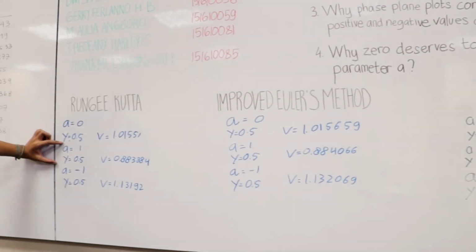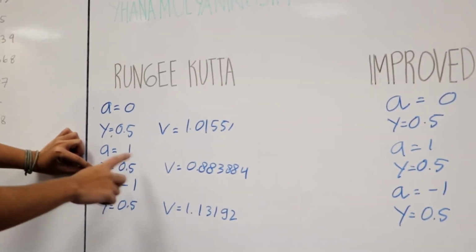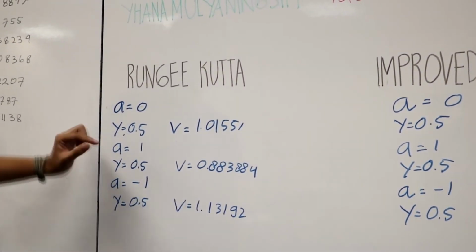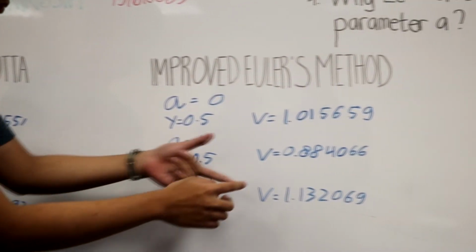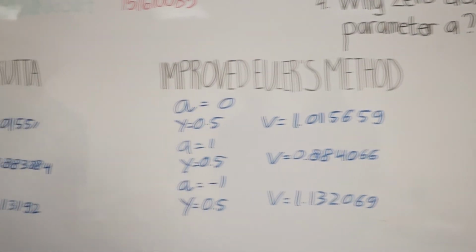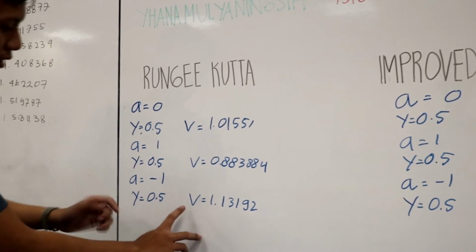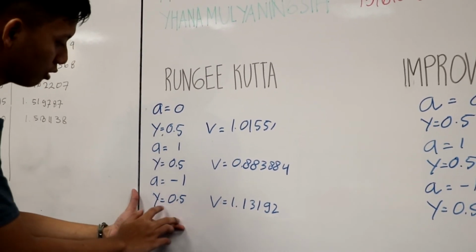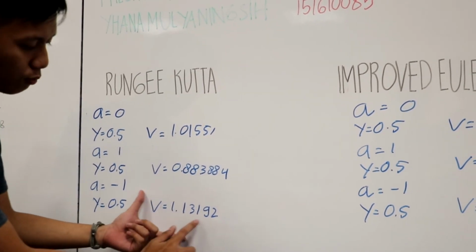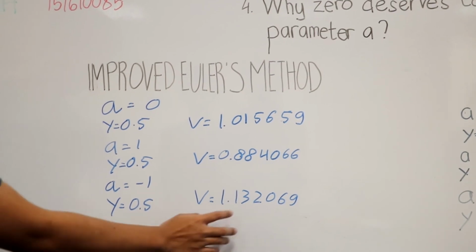From the Runge-Kutta, with A equal to 1 and Y equal to 0.5, phi will be 0.883884. And from the improved Euler, phi will be 0.884066. And the last one, A equal to -1, we take Y equal to 0.5, phi will be 1.13192. And for the improved Euler, it will be 1.132069.